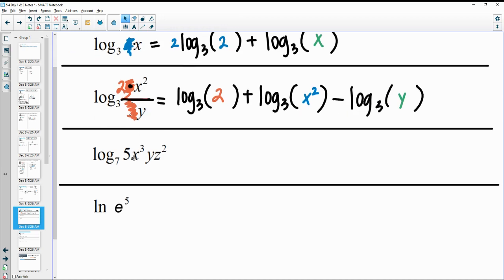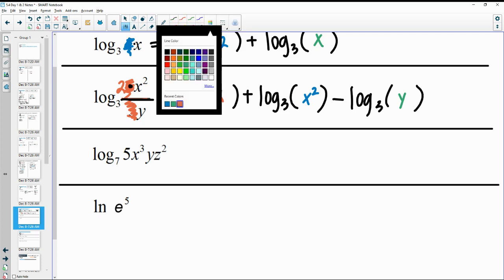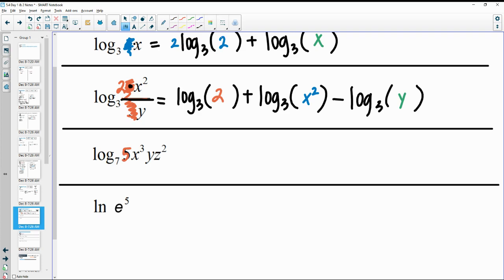With this next one, we have products and exponents. And so we see that we have this 5, we've got that times x to the third, we've got that times y, and then we've got that times z squared. So we'll expand this first, and since this is all products, it's going to be log base 7 of each one, and then added together.